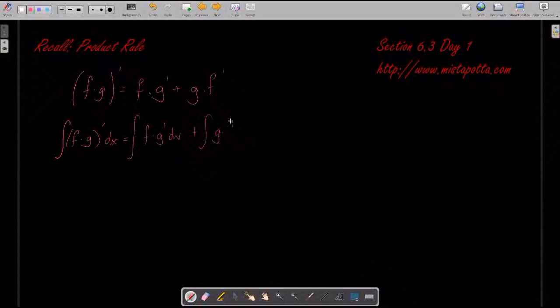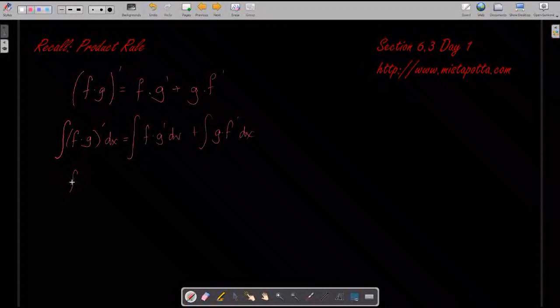And the idea behind this is twofold. One, if I'm taking the antiderivative of a derivative, these are inverse operations, so they're going to undo each other. So I really have just f times g, just plain functions.